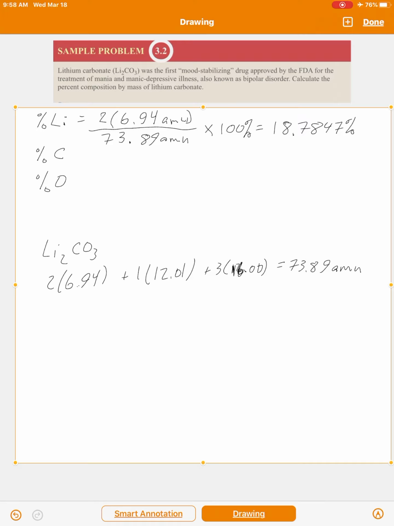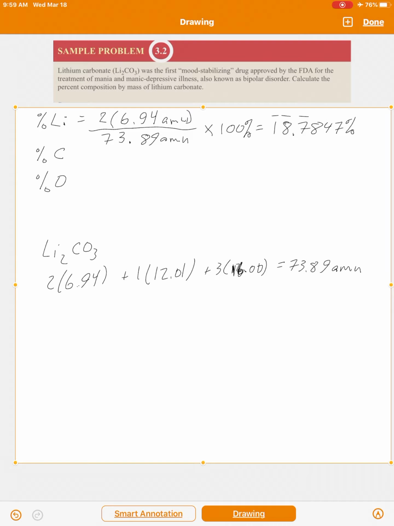But now let's do our rounding. In the numerator, the top, there's only 3 sig figs in 6.94. In the denominator, the bottom, there's 4 significant figures. 694, 3 sig figs, 7389, 4 sig figs. For multiplication and division, you pick the one that has the smaller number and you round to that many sig figs. So since 6.94 only has 3, we round to 3 sig figs. So 1, 2, 3.